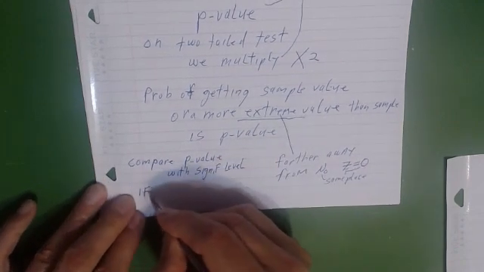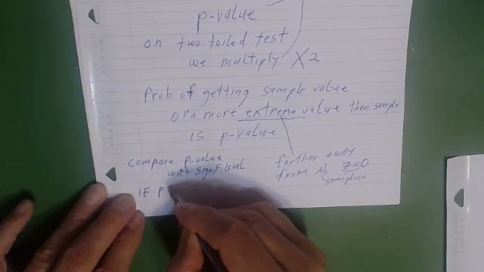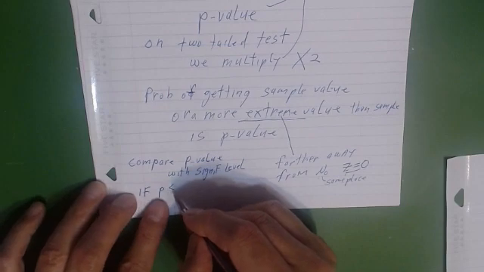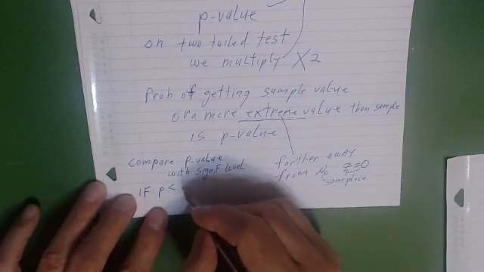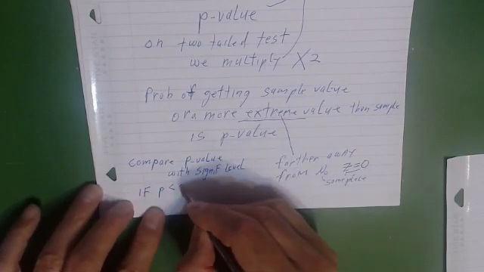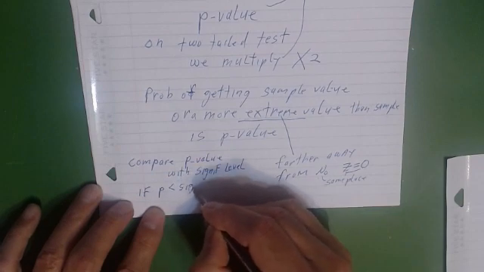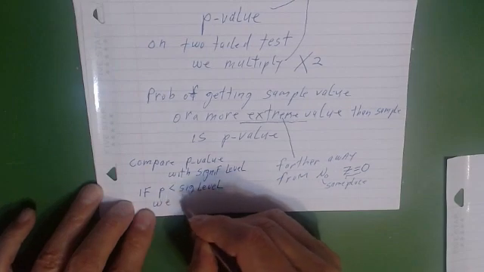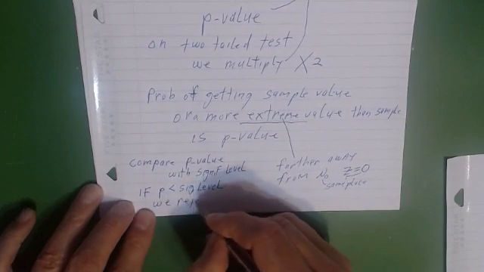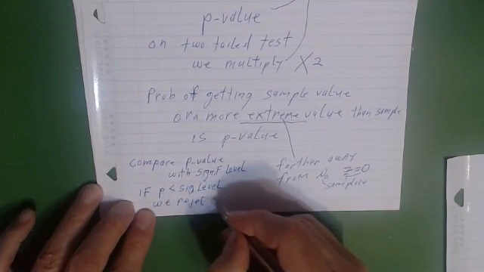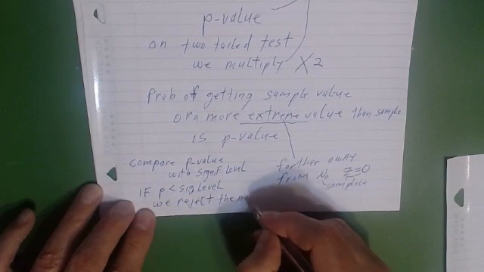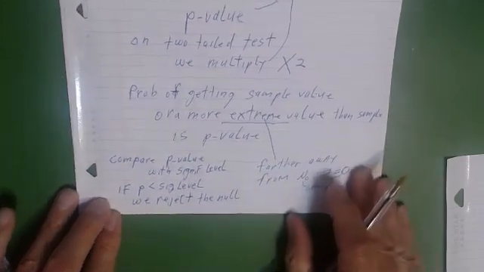If p is less than, or I think it might say equal, but that doesn't happen much, you just say less than. If p is less than the significance level, we reject the null. So there's two ways of doing the same thing.